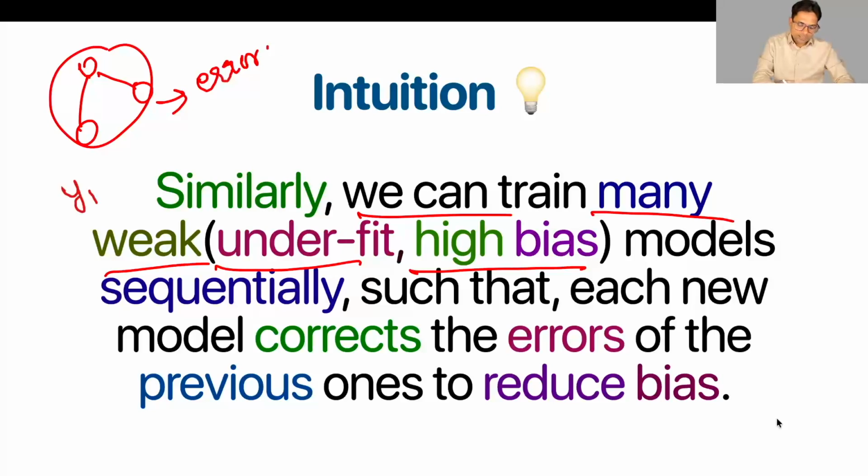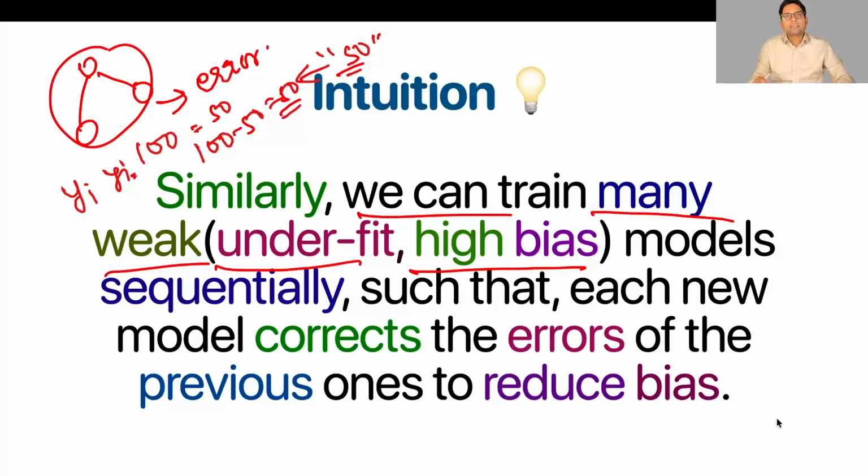So earlier, for example, say the label is 100. That is the actual yi, and the first is a very simple model, it predicts 50. So now the error is 100 minus 50 is equal to 50. So the next model that we will train, the target will only be 50. That's what it does.